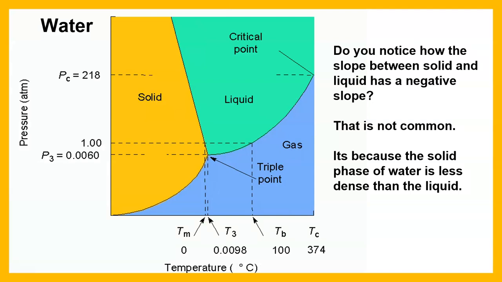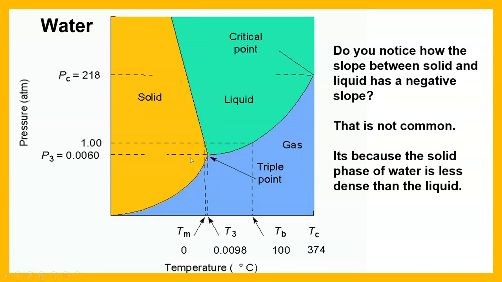Here's an example of water's phase diagram. The slope of these lines can be interesting. Having this negative slope here between a solid and a liquid is not very common. That's something that's pretty special to water.